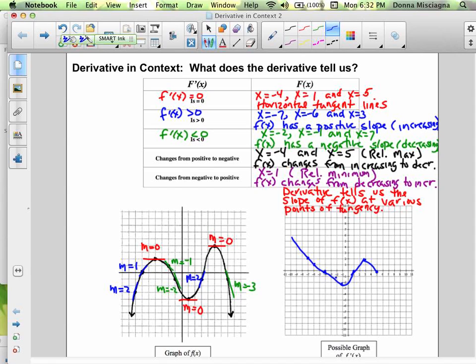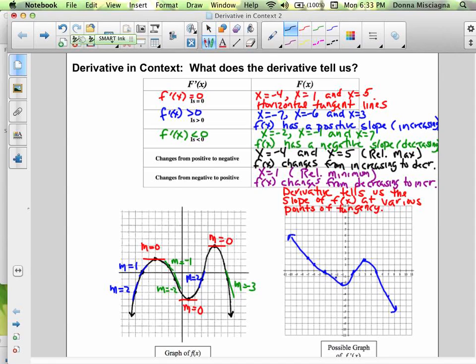It's still increasing because we still have positive slope, but it's not increasing as much, right? Because it's going to turn around. Right? And after x equals 5, our slope is negative. Matter of fact, by x equals 7, our slope is all the way at negative 3, so we're decreasing pretty rapidly.